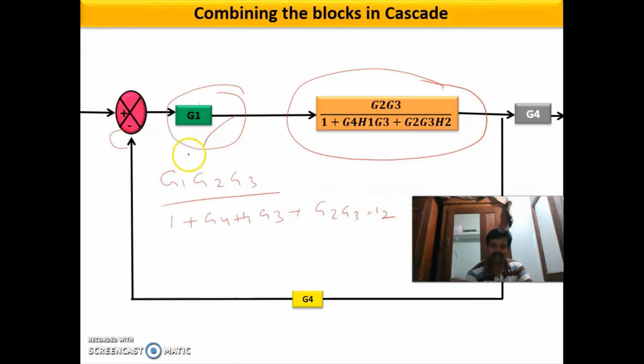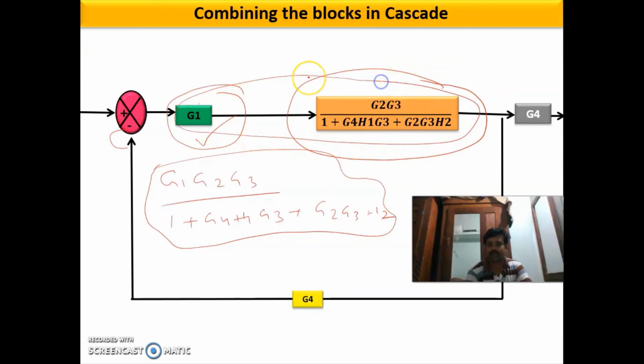So this is the transfer function you're getting while combining these two blocks.